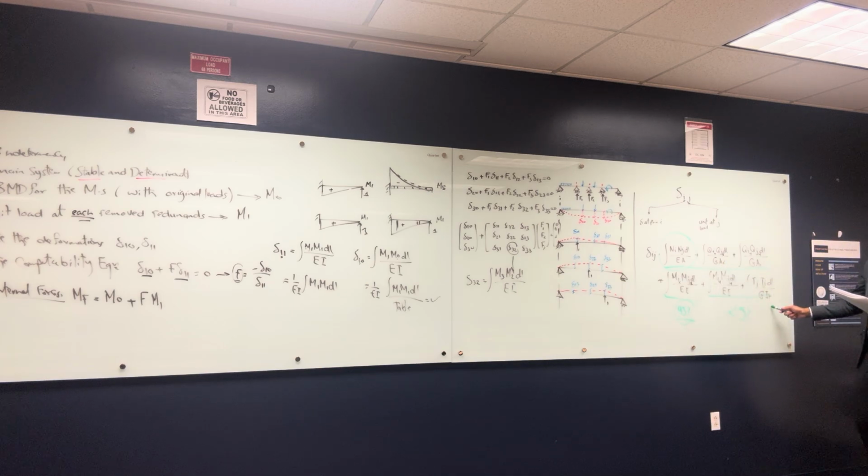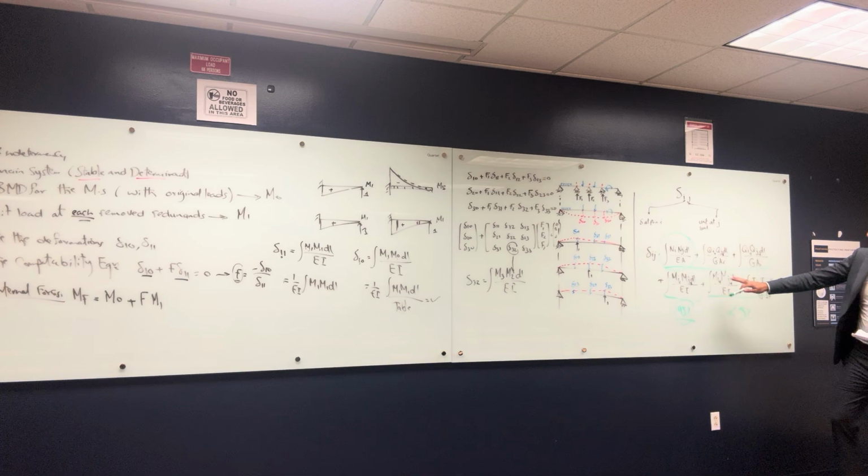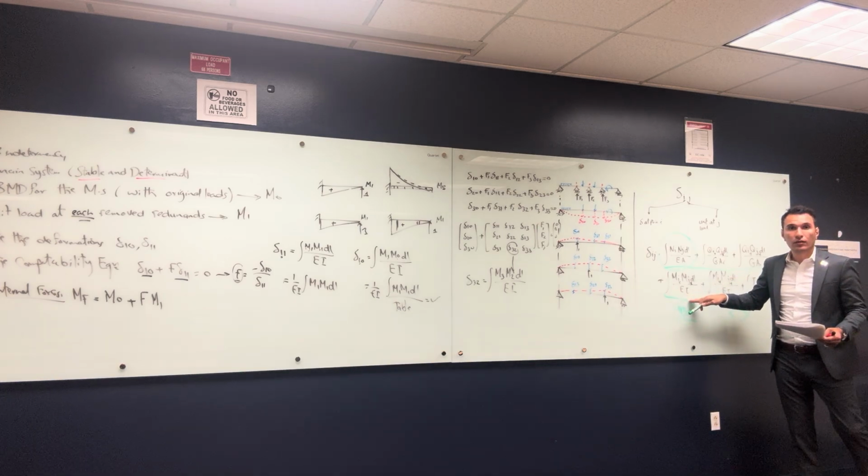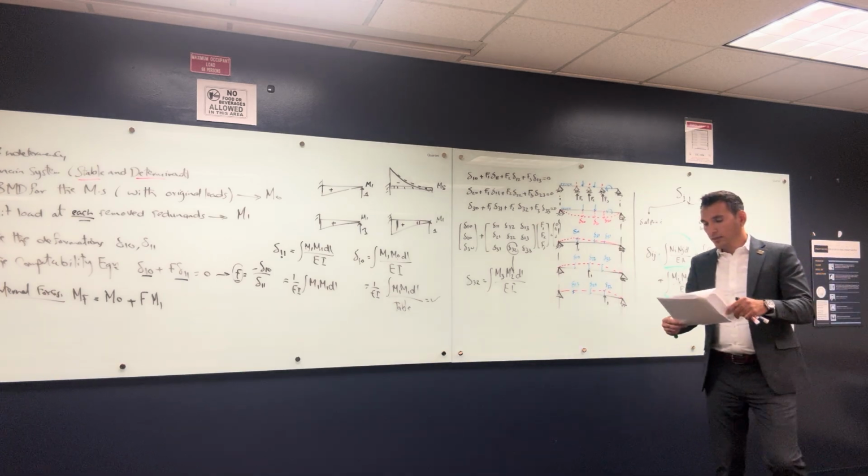And IT is the total inertia of the cross section, which is IX plus IY, because when torsion happens on a section, both inertias are included. If you have a class in advanced mechanics of materials, you will know all this information. But let's focus only on the moment here in my class.